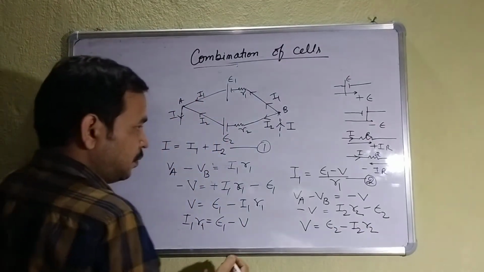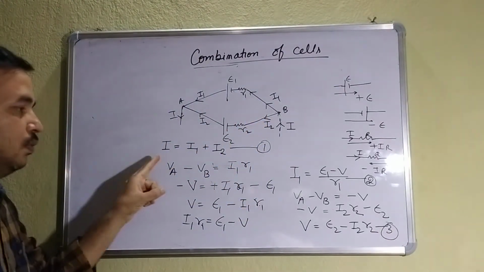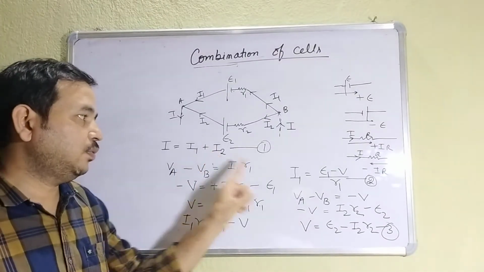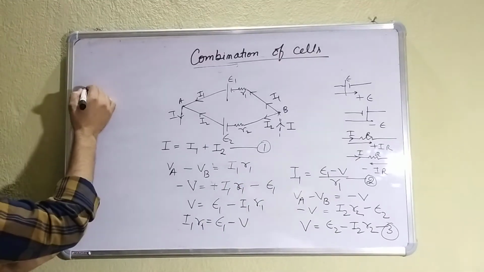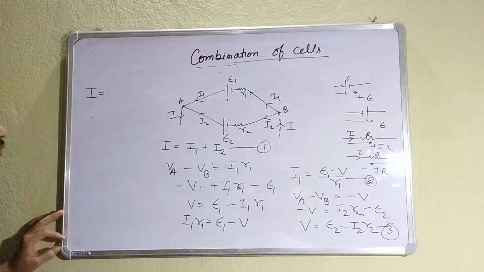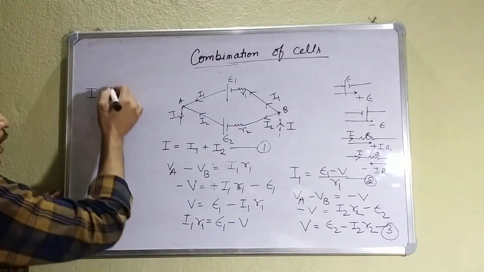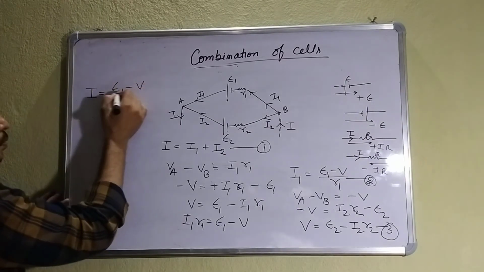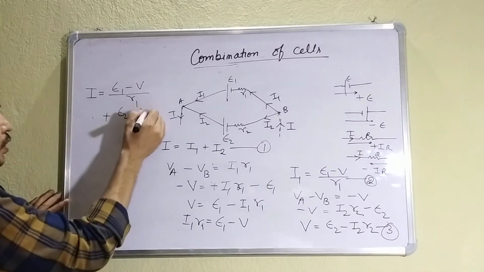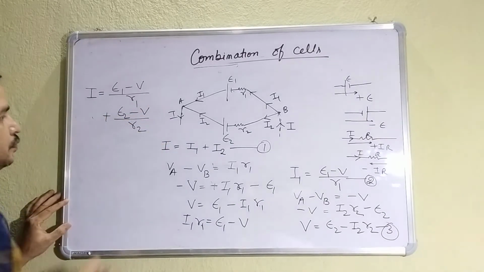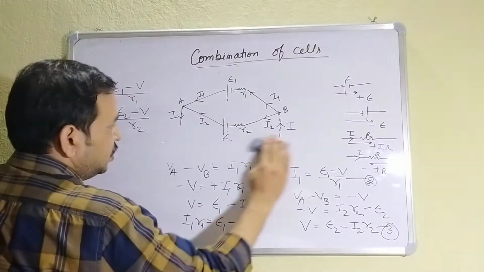This is equation 3. Now put the value of I1 and I2 from equations 2 and 3. So what will you get? Total current is equal to E1 minus V by R1 plus E2 minus V by R2. Here, I am omitting this one.